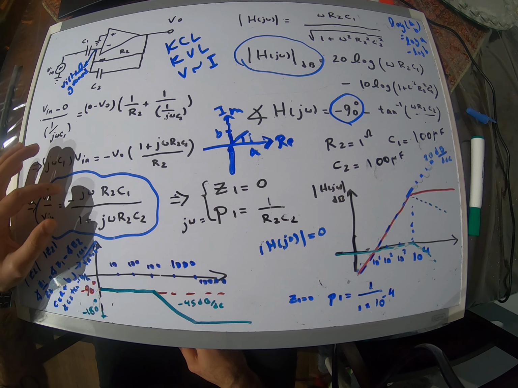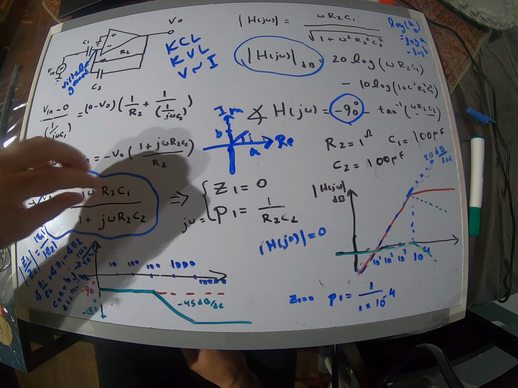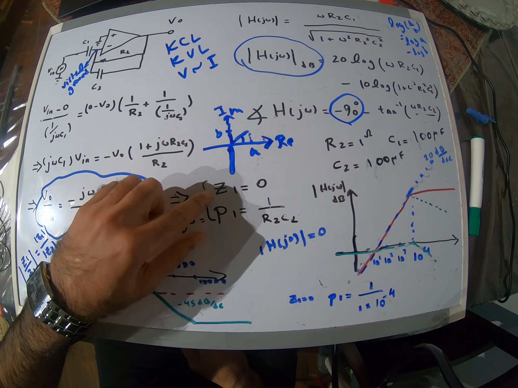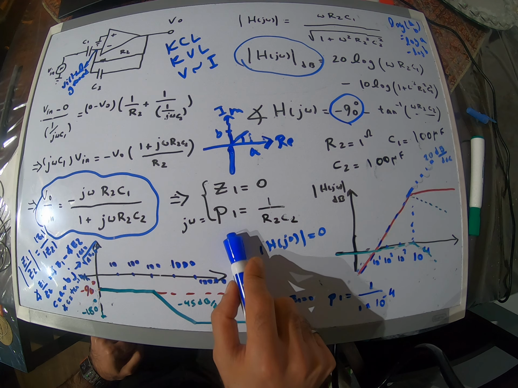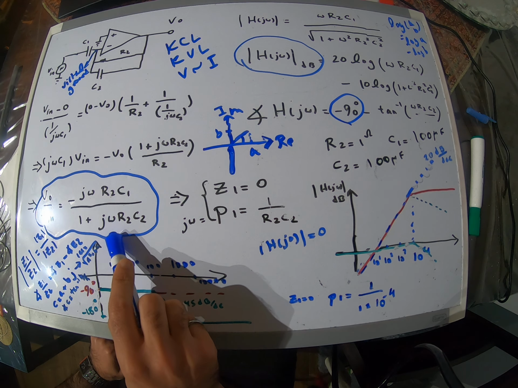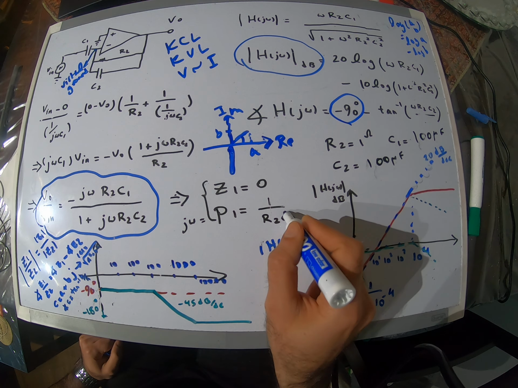We only have 1 zero, right? When omega is equal to 0, the numerator becomes 0. So we only have 1 zero at omega equal to 0. How about the pole? We only have 1 pole when j omega is equal to 1 over R2C2, right? 1 over R2C2, okay?